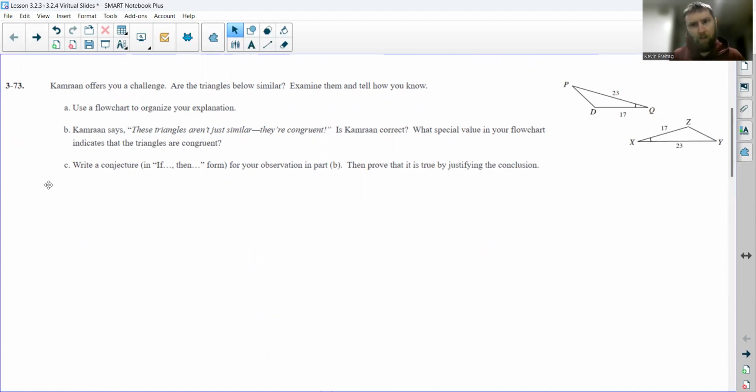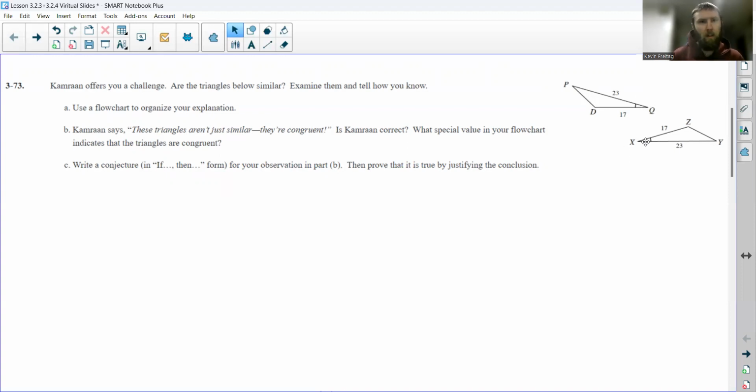So we're going to try to explain why these 2 triangles are similar using a flowchart proof and the side-angle-side similarity shortcut. Hope that you can notice in these 2 triangles we do not have 2 pairs of angles that are marked as congruent, but we do know that angle Q is the same as angle X.